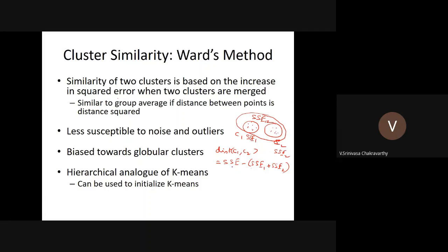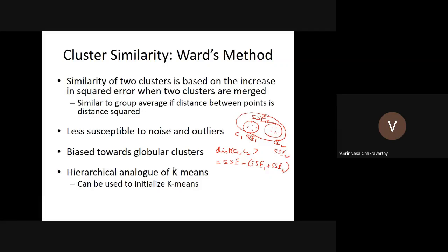Therefore, since in k-means also we take the same objective function, SSE, you can use this to initialize k-means. The problem with k-means is that it's so sensitive to initial conditions. Whereas hierarchical clustering is generally not sensitive to initial condition, because there is a unique trajectory starting from the very first merger that you make.